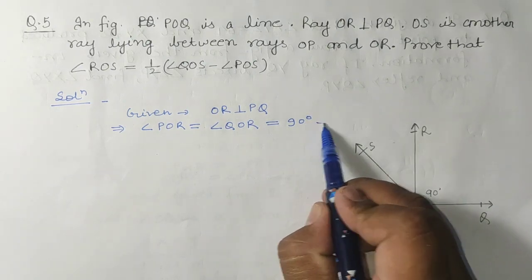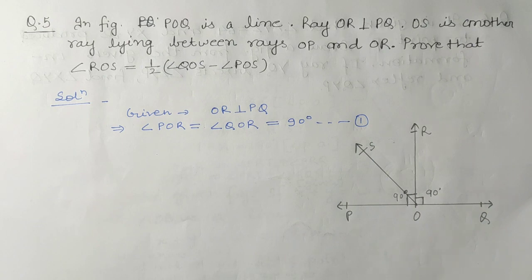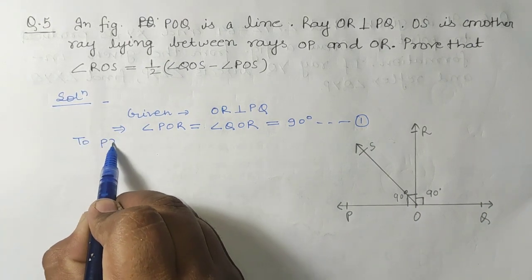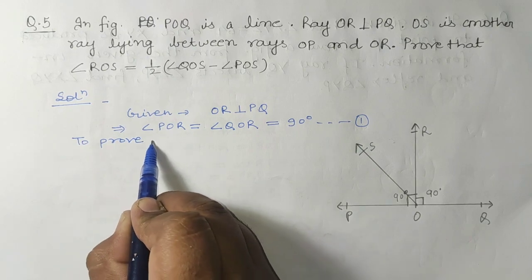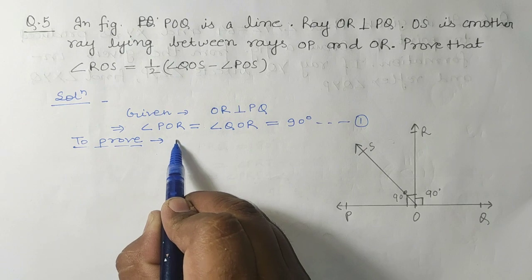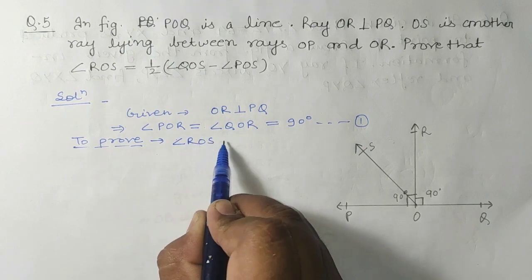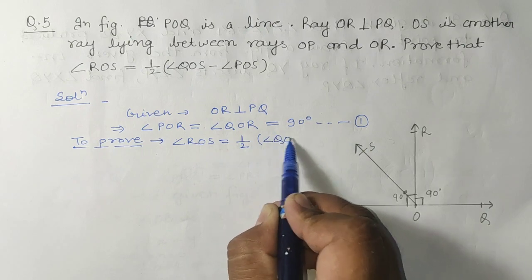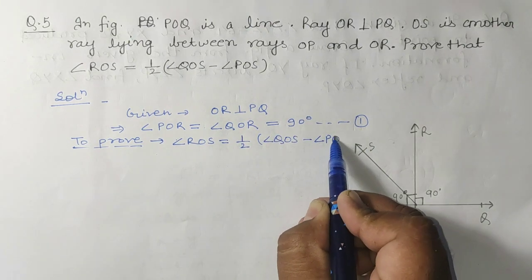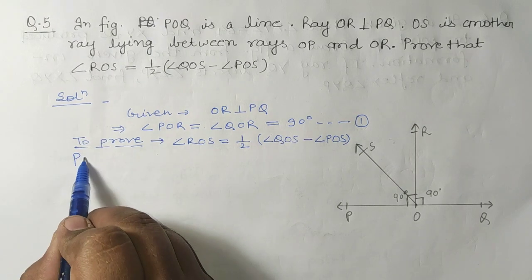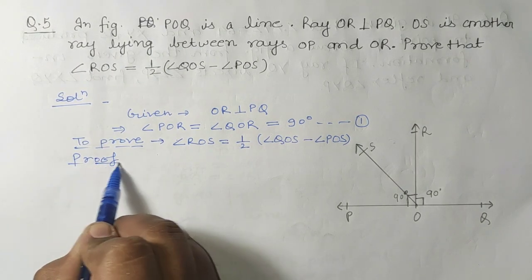Suppose this is your equation number 1. And what is to prove here? We have to prove that angle ROS is equal to half of angle QOS minus angle POS. Now let us see the proof of this question.